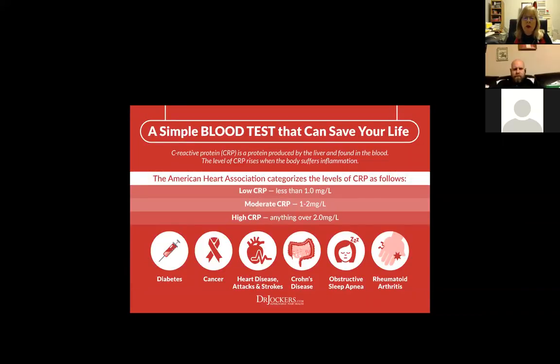You'd like your risk to be low to moderate, so less than 1 would be optimal, but otherwise 1 to 2.